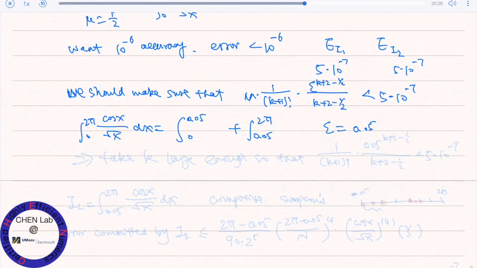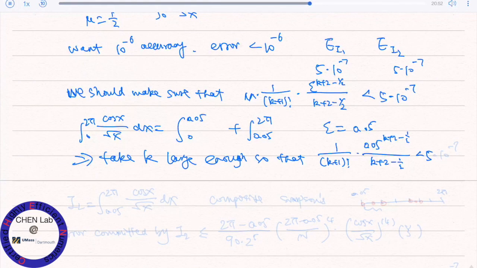So we should take k large enough, again with M equal to 1, so that 1 over k plus 1 factorial times epsilon, which is 0.05, to the k plus 2 minus 1/2, divided by k plus 2 minus 1/2, is less than 5 times 10 to the negative 7. That's an error bound.